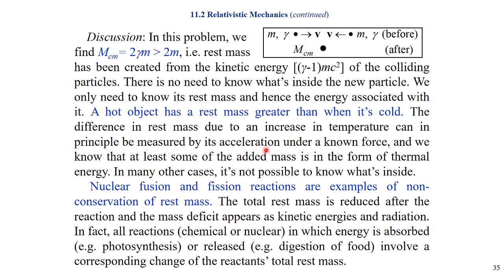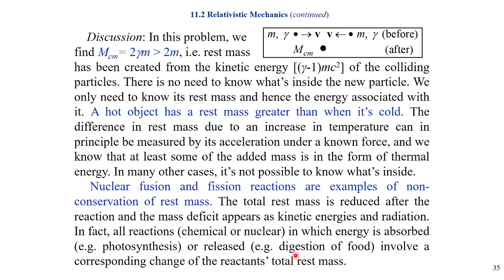Much greater. That depends on the energy, depends on the velocity. In fact, in all reactions, chemical or nuclear, the energy absorbed or released involves a corresponding change of the reactants' total rest mass.